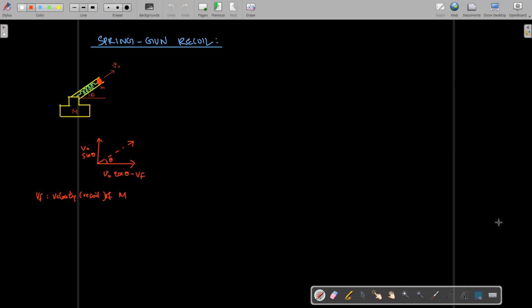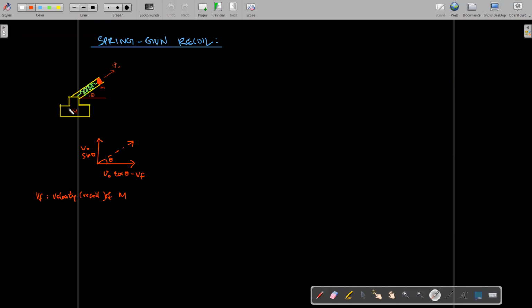Okay, so here the system is, as you can see, a spring gun. The major part of the gun, this is the massive part, has a mass M, and then you have another part like this extended. Okay, the spring is here, and a ball is put inside it.